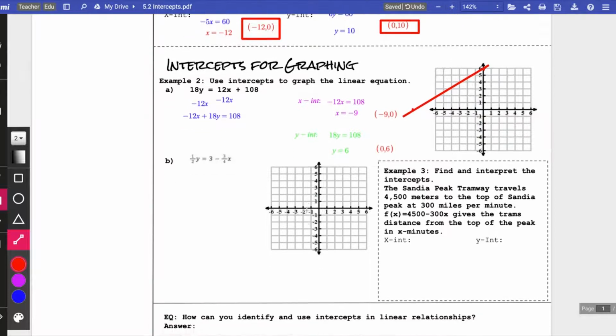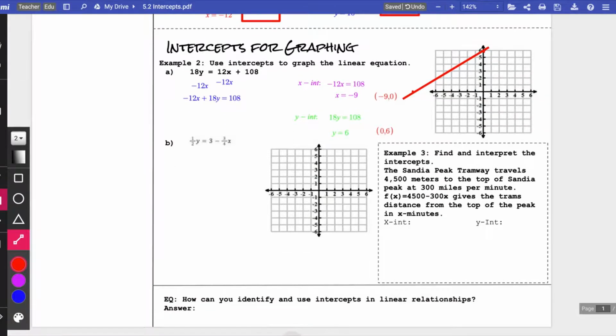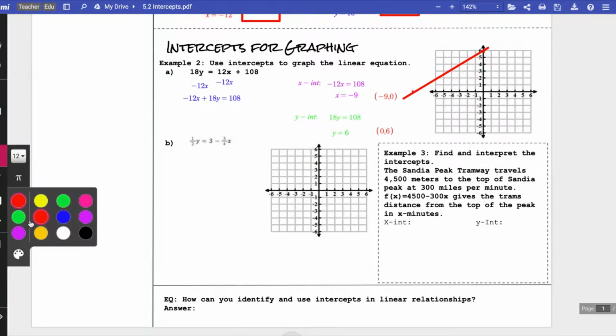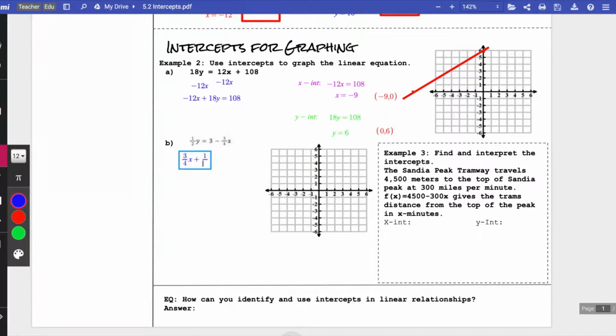Now I wanted to do something with fractions, because fractions just make us nervous. So let's try this out. Same thing, I need to rearrange the equation, so I'm going to just add 3/4 x over. And when I do that, I get 3 over 4 x plus 1 over 2 y equals.